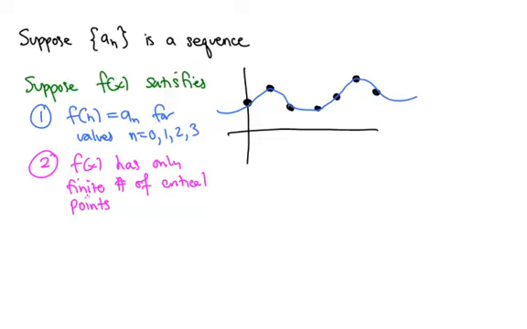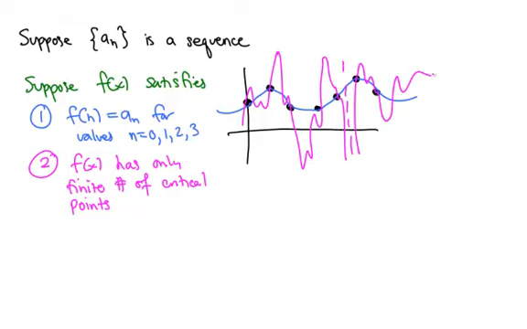By saying it has a finite number of critical points, what I'm trying to prevent is me from doing something like this to connect the lines, by making the function wobble around, putting in horizontal or vertical asymptotes, making it just sort of crazy and oscillatory. So together, the first line says I want to connect the dots, and the second line says I want to sort of smoothly connect them without adding a whole bunch of extra bends to it.